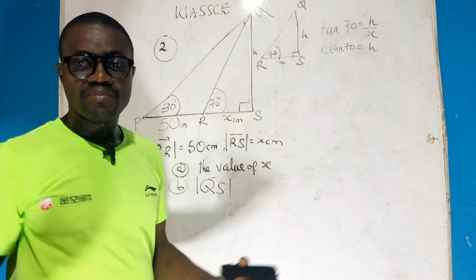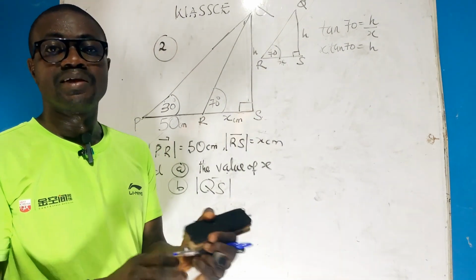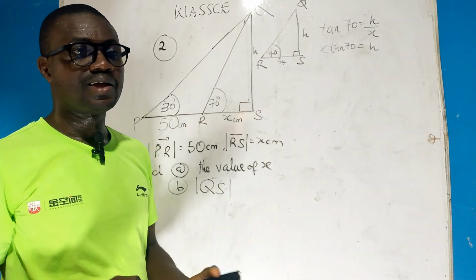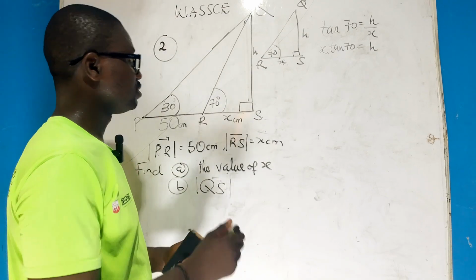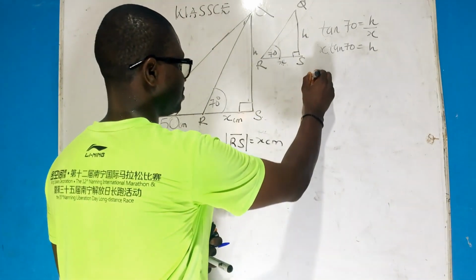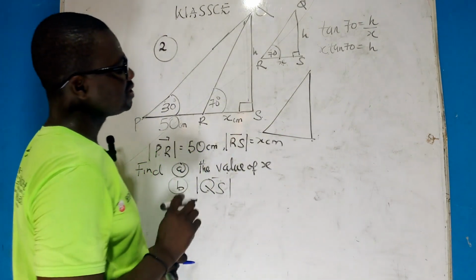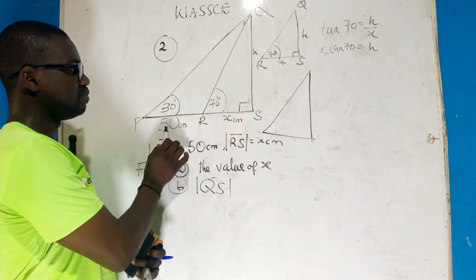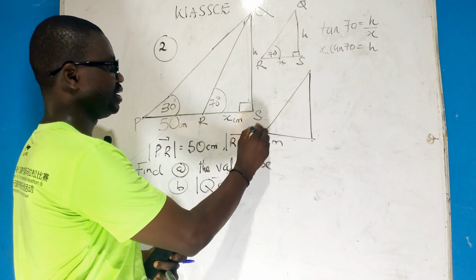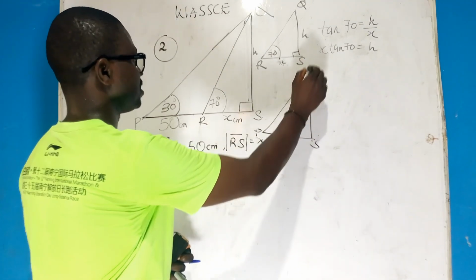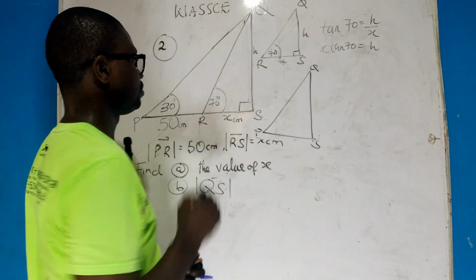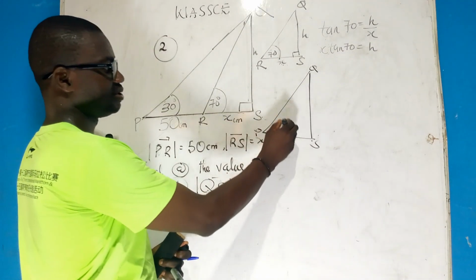Now let's take the bigger triangle, and also make a relation from that. I realize that the bigger triangle contains the base here. Let's name the points P, X, and then Q, and the angle there is 30.